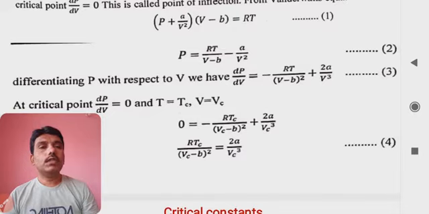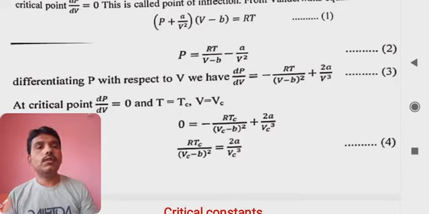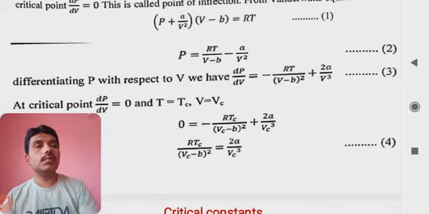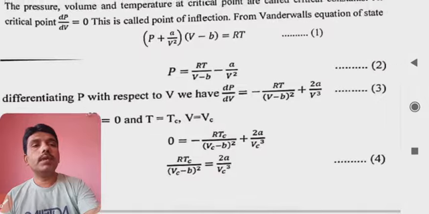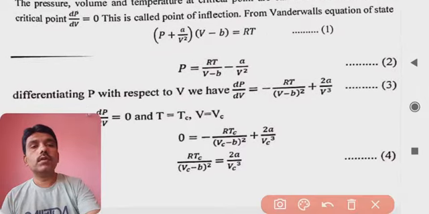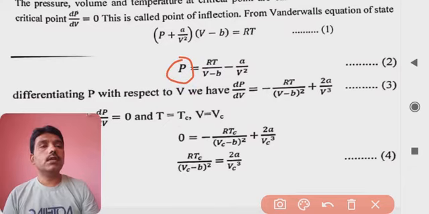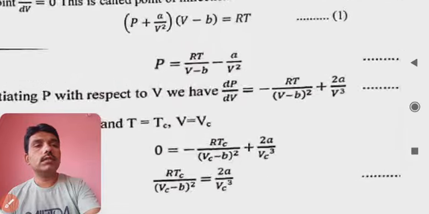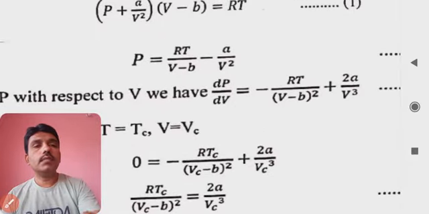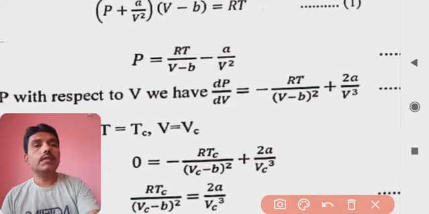Now, differentiating P with respect to V, that is the Boyle temperature condition dP by dV, that is what we are looking for. If we differentiate equation number 2 with respect to V, the left hand side becomes dP by dV. On the right hand side, V minus b has power 1, so it will be minus RT divided by (V minus b) whole square.